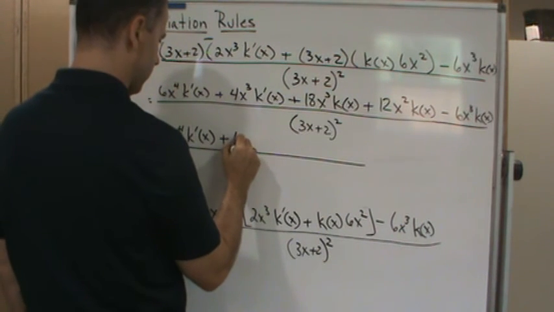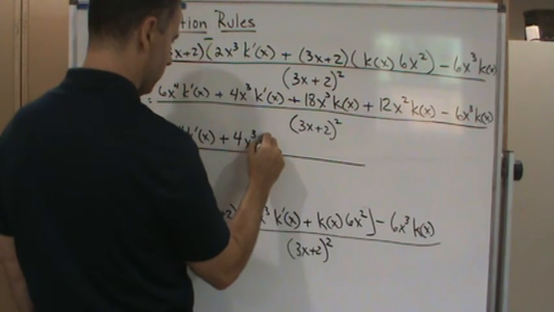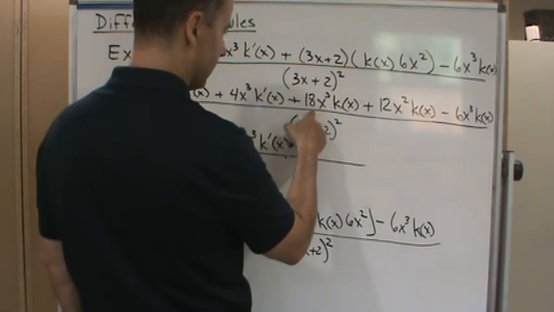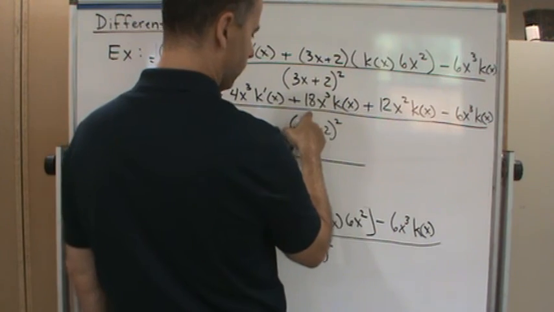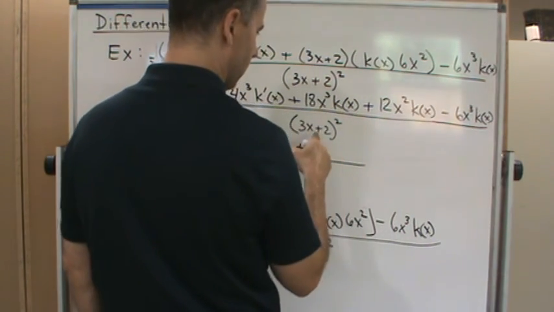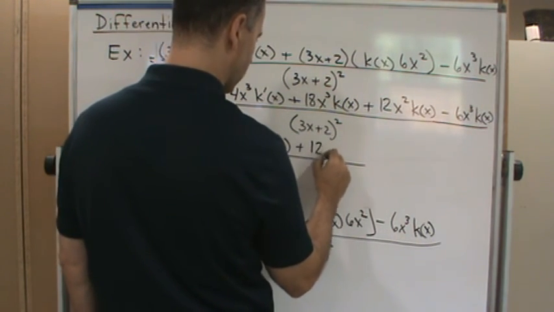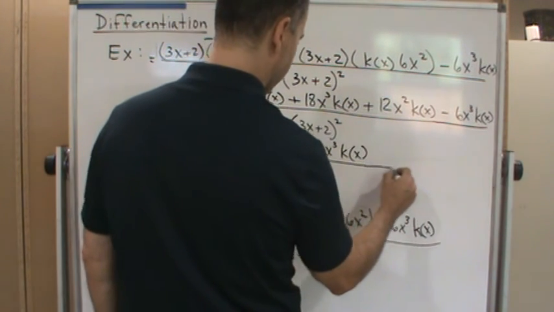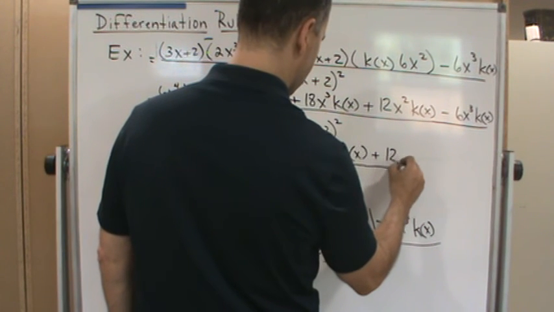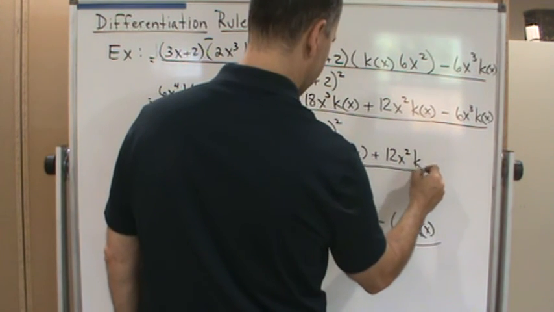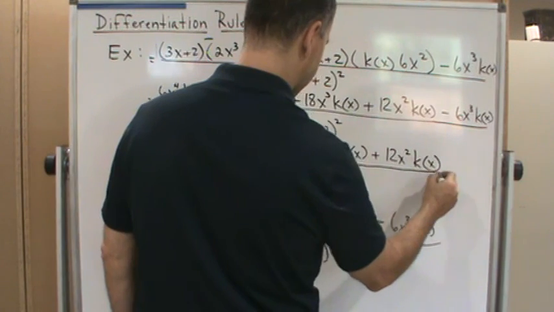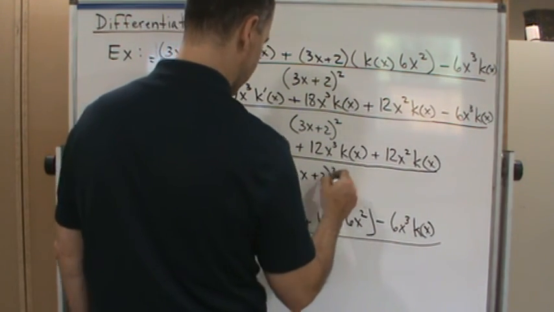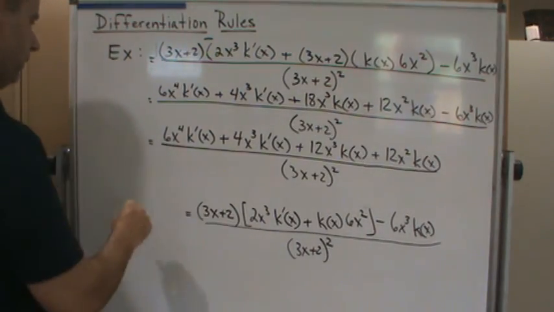So we get 4x cubed times k prime of x, and then we've got 18 minus 6, which is going to give us 12. So that's going to give us 12x cubed times k of x plus 12x squared times k of x over 3x plus 2 quantity squared. And that's the final answer.